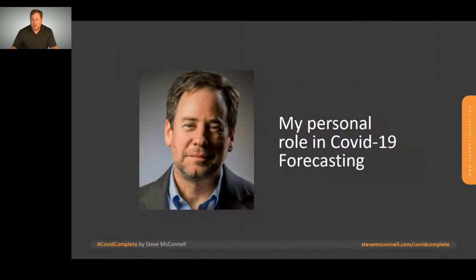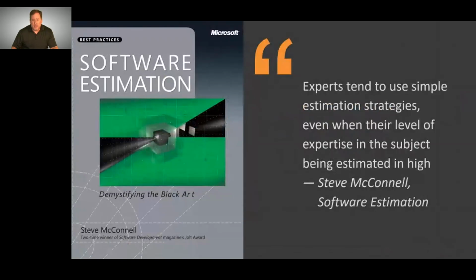My role in COVID-19 forecasting really is derived from my interest in software estimation. And way back in 2006, when I published my software estimation book, I made the observation that experts tend to use simple estimation strategies, even when their level of expertise in the subject being estimated is high. And I definitely found that to be the case in COVID forecasting as well.